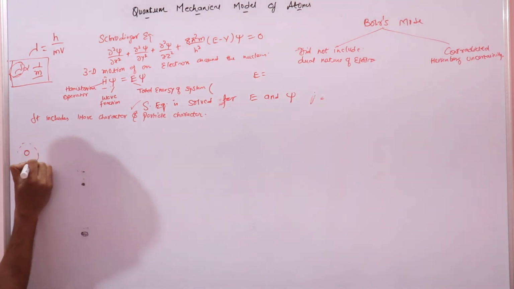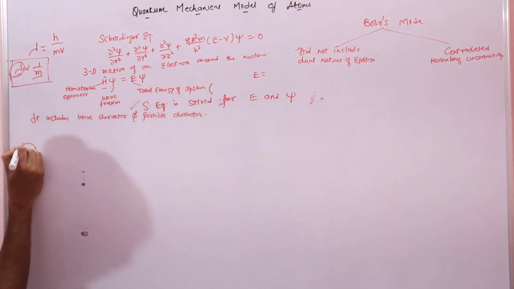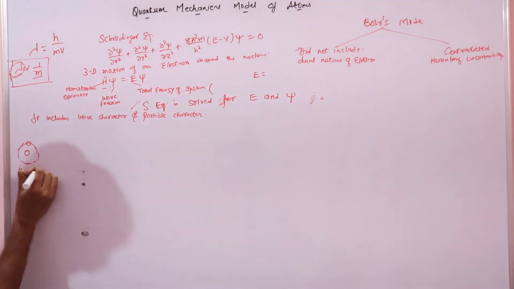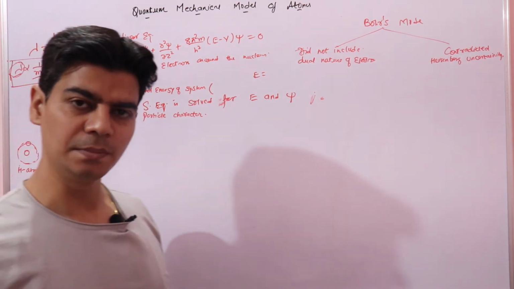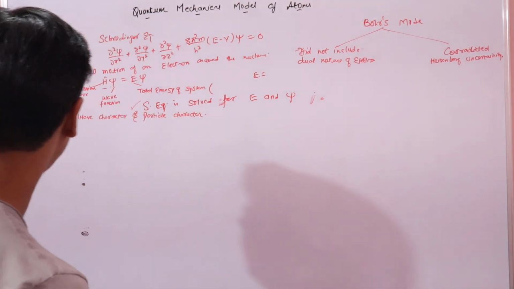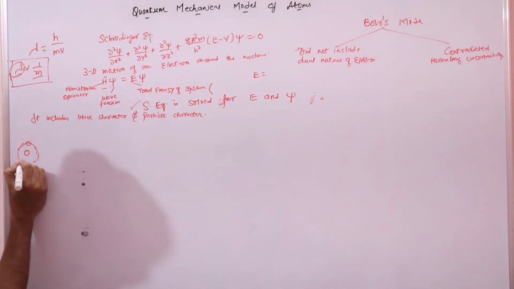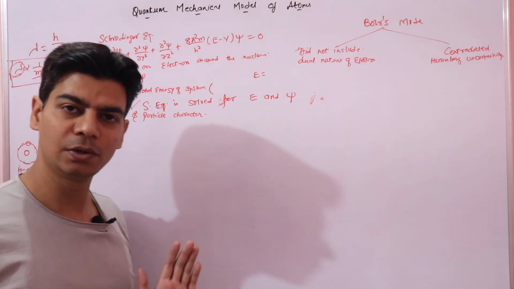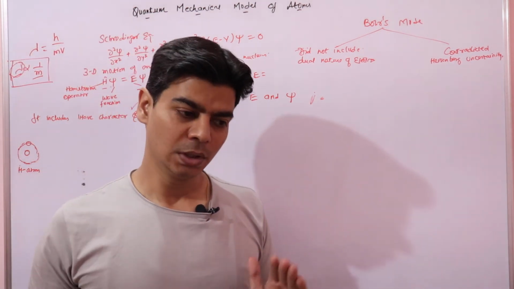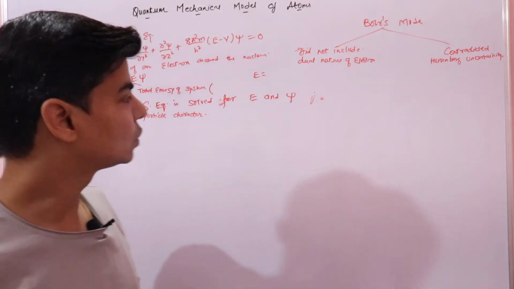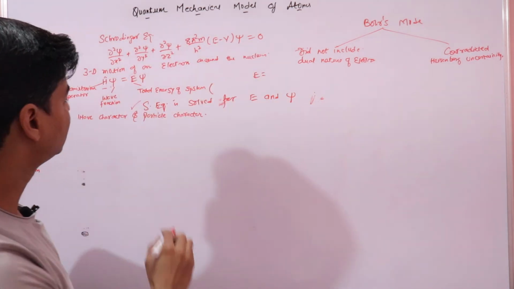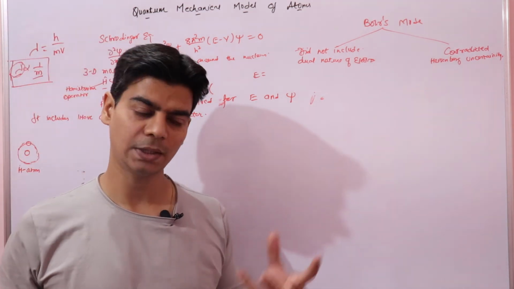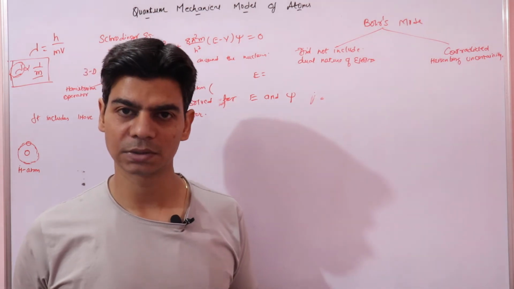Let's talk about applying it to the hydrogen atom, and then we will see how it helps to deduce the structure of the atom. When we apply the Schrodinger equation to a simple hydrogen atom that has only one electron, we are basically solving H psi equals E psi for this system, where one electron is revolving around the nucleus, right?